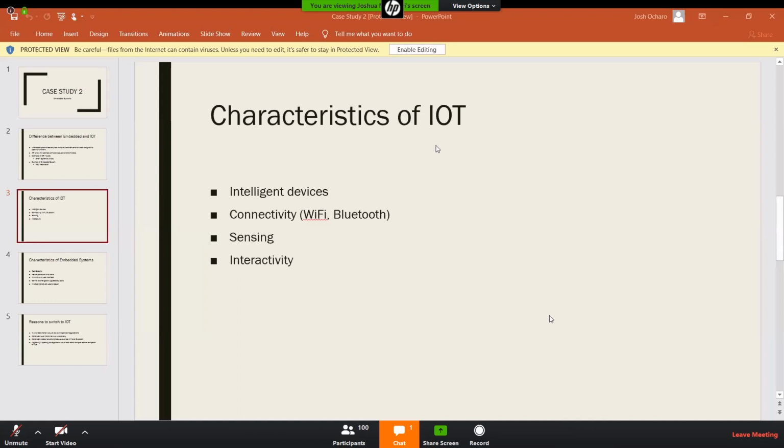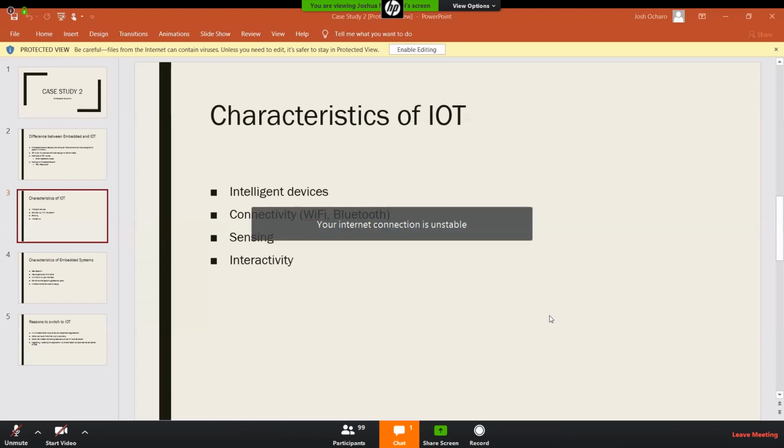If your fridge and microwave are connected, you can maybe prepare lunch when you are at work. You can warm your food, such stuff. Yeah. So I'll give my group members the chance to present the last question.